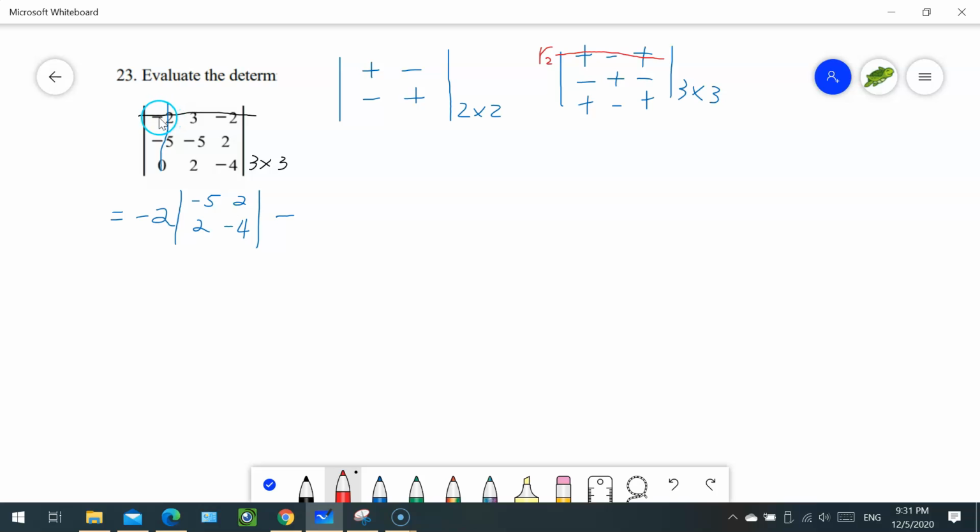If this were a positive number, then we would just keep the positive value. For the following term, we fill in the negative sign, and that's the reason why I put a negative sign here. Alright, now the following term, the number is 3, and then I create a 2x2 matrix.